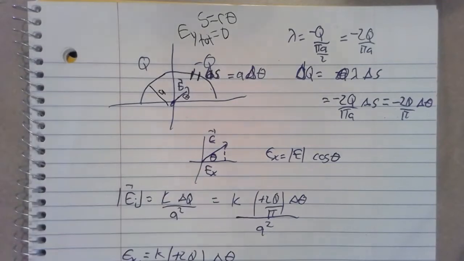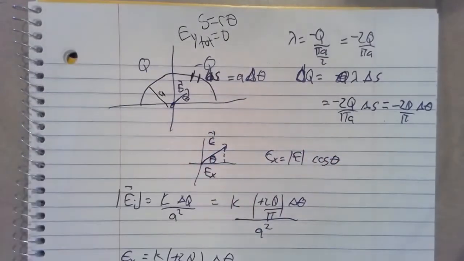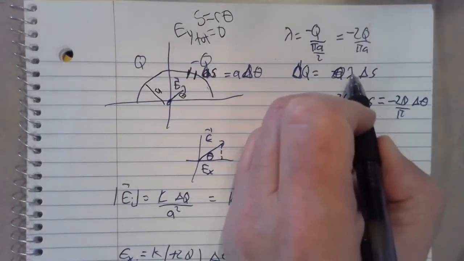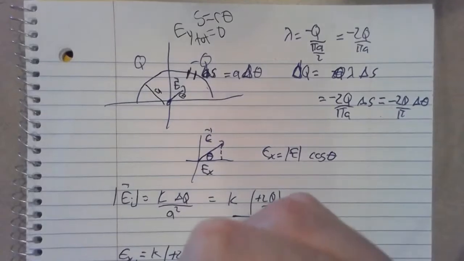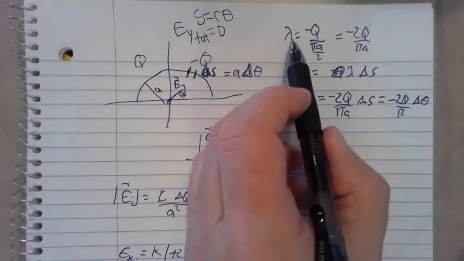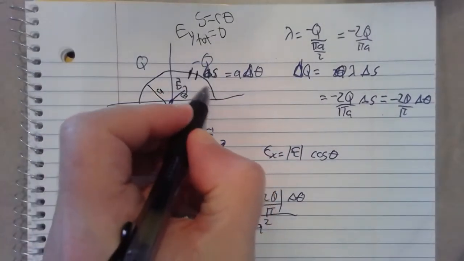Now, in all of these Coulomb's law problems, we always need to find delta Q. That's the key. And delta Q is always your charge density times your length. Charge density, lambda, is charge per unit length. Delta S was our length. So our charge density is the amount of charge here to here.